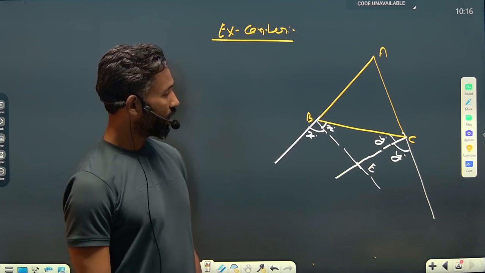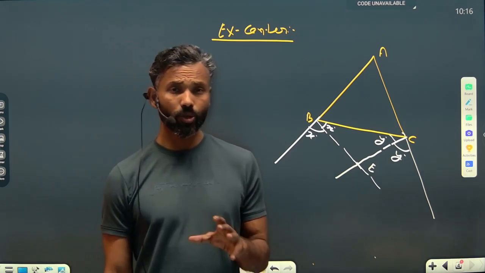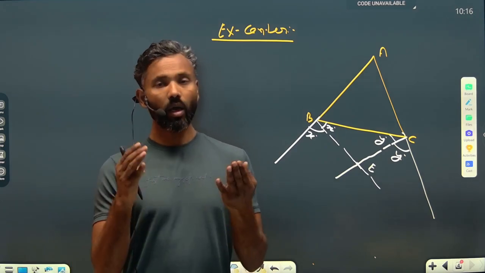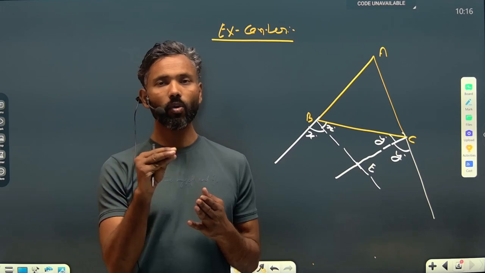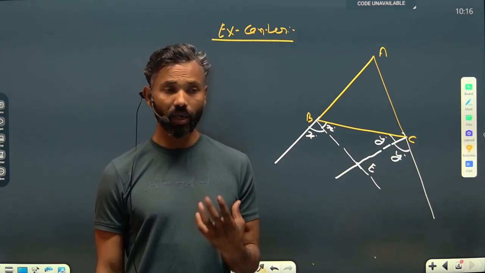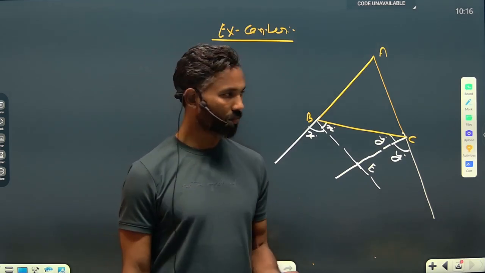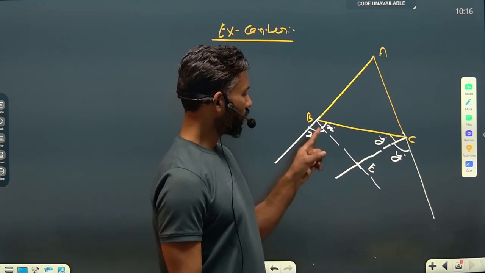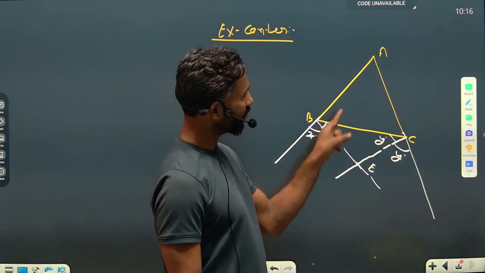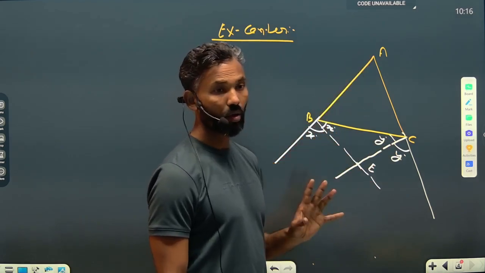Understand that? Now one more thing, in some questions or in some situations you will know that the intersection point of any two consecutive exterior angle bisectors will be excenter. In some cases it will be mentioned that the intersection point of two consecutive exterior angle bisectors and the third remaining interior angle bisector will be excenter.